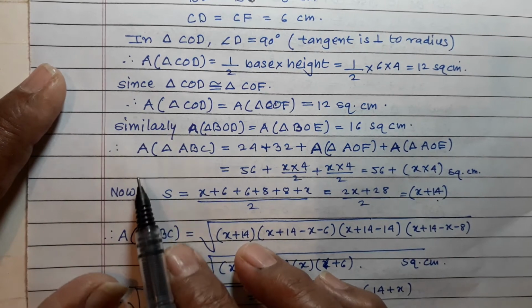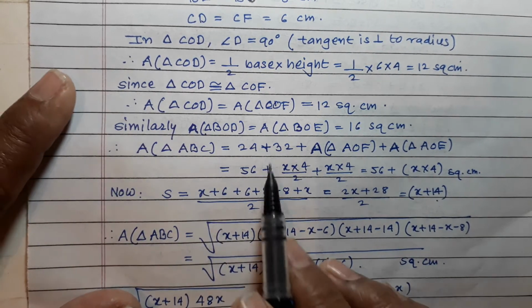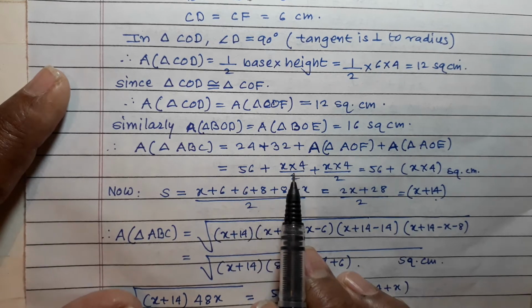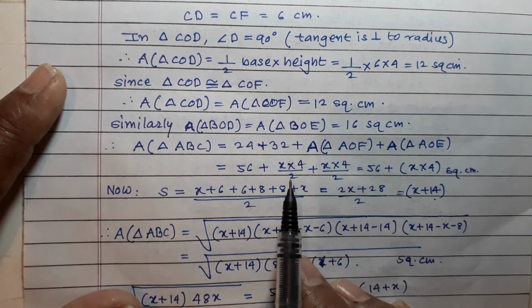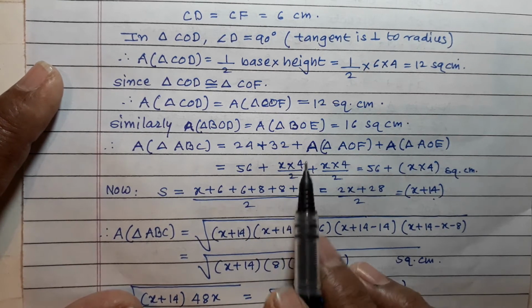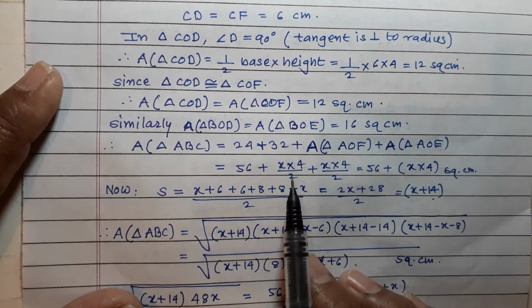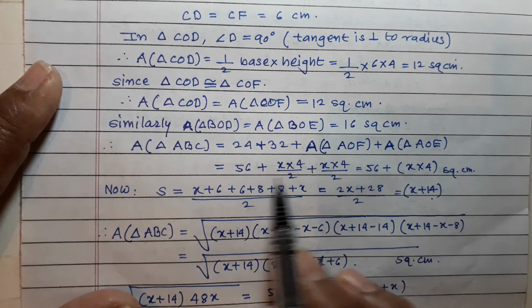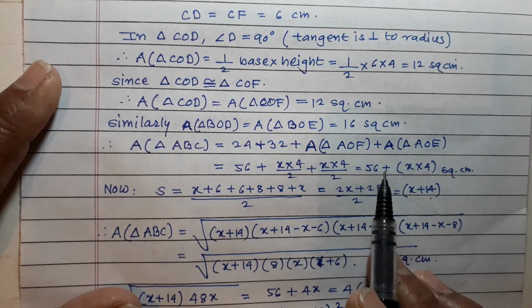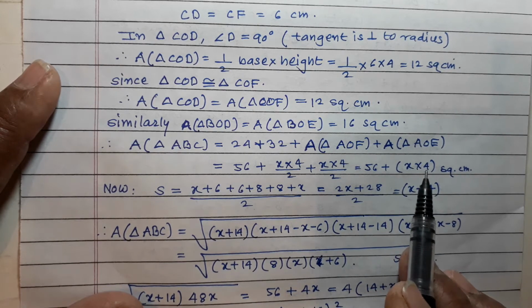So therefore area of triangle ABC is equal to 56 plus x into 4 upon 2, base into height upon 2, plus the same again. So this is equal to 56 plus x plus 4.